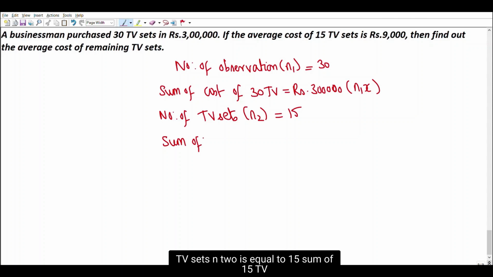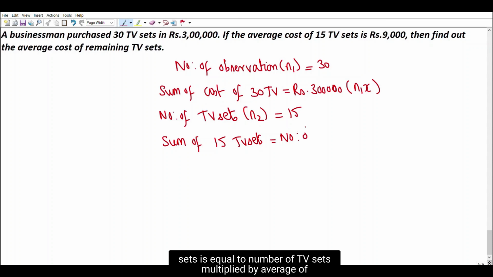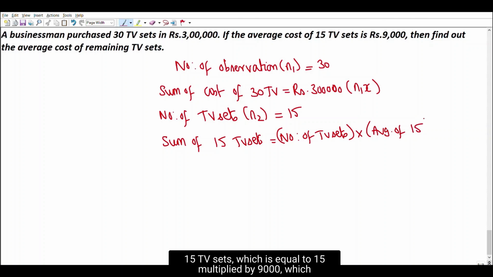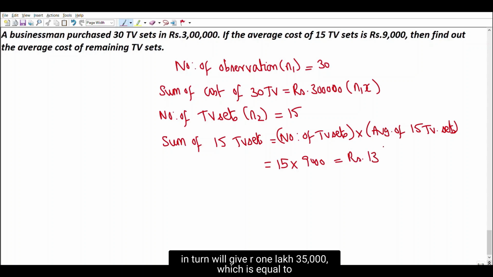Sum of 15 TV sets is equal to number of TV sets multiplied by average of 15 TV sets, which is equal to 15 multiplied by 9,000, which in turn will give rupees 1,35,000, which is equal to n2y.